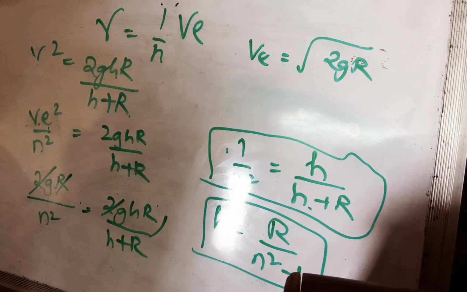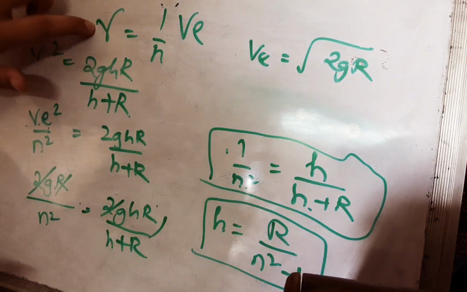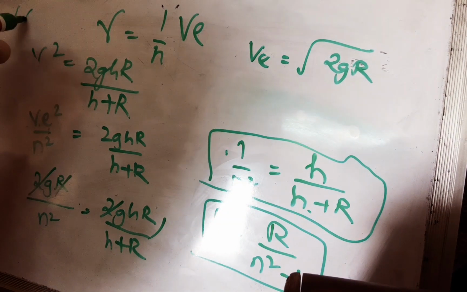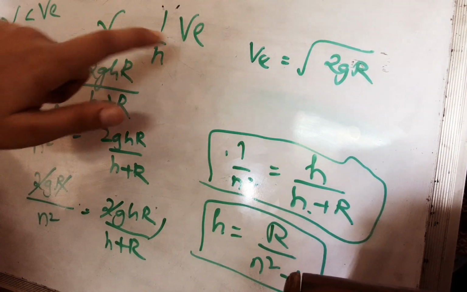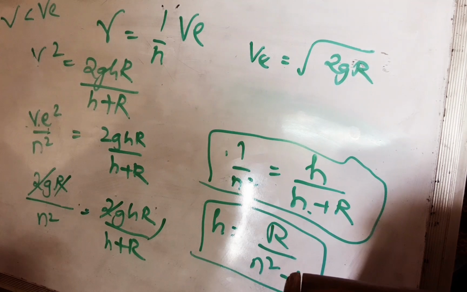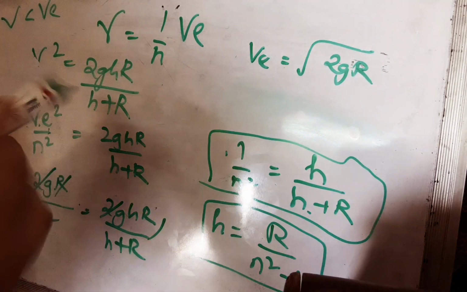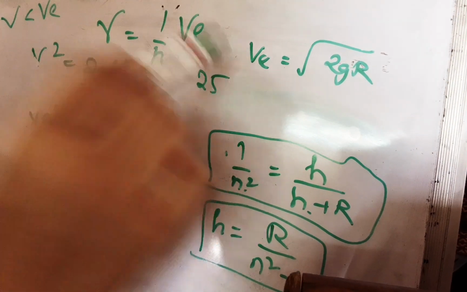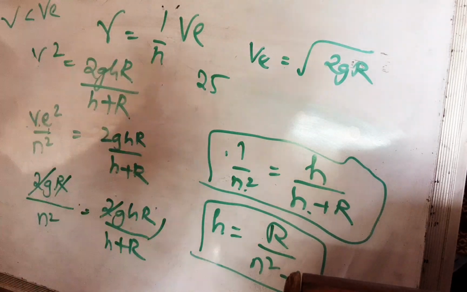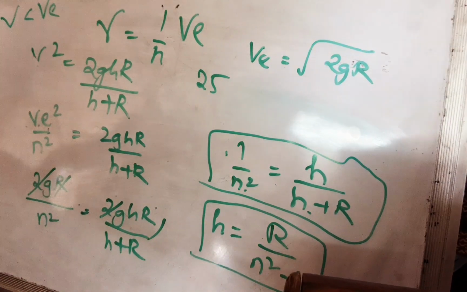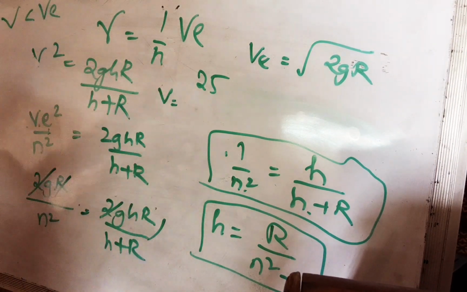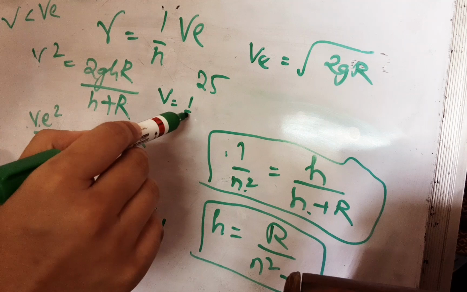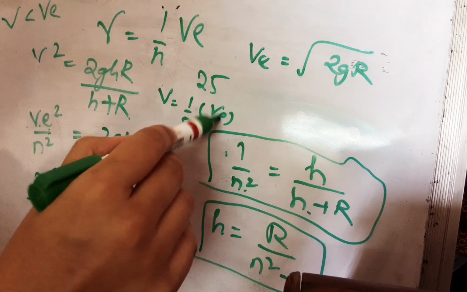Okay. So when it is given that whatever velocity you are projecting is less than escape velocity, suppose your escape velocity was given as 25, and your given velocity is said to be 1 by 5th times the escape velocity.